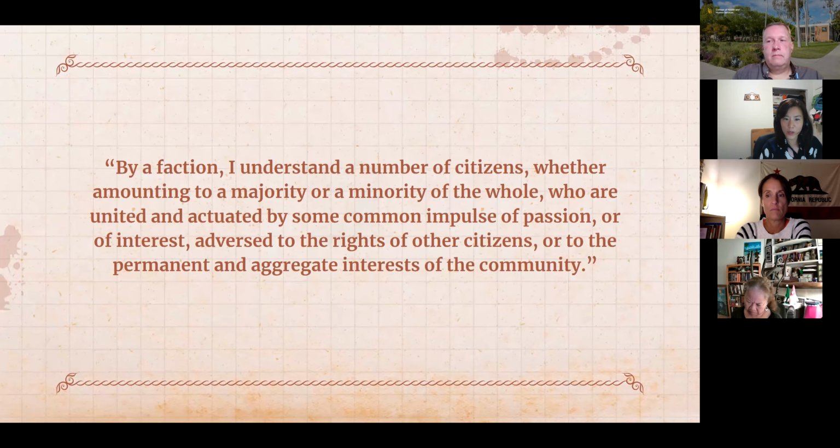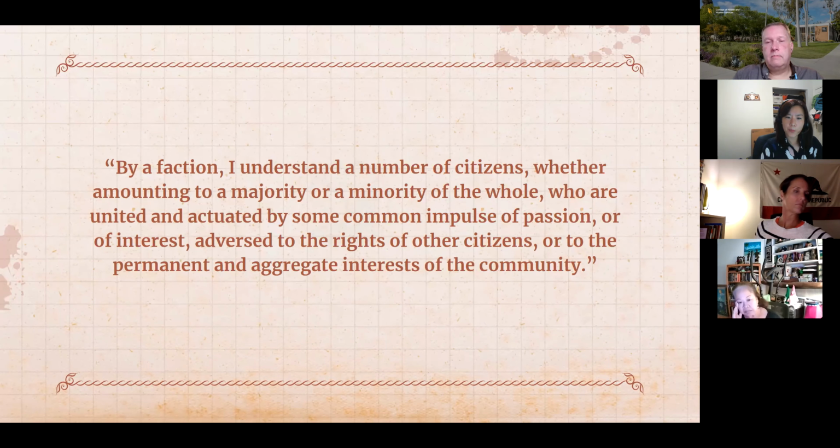So Madison defined faction here as a number of citizens, whether amounting to a majority or a minority of the whole, who are united and actuated by some common impulse of passion or of interest, averse to the rights of other citizens or to the permanent and aggregate interests of the community.